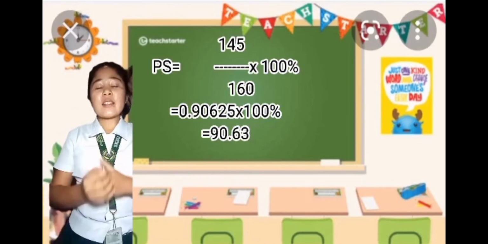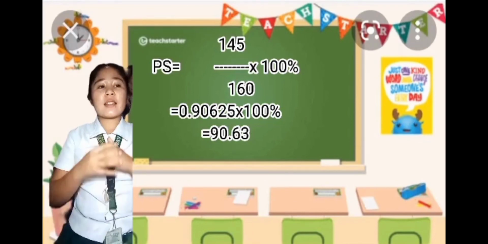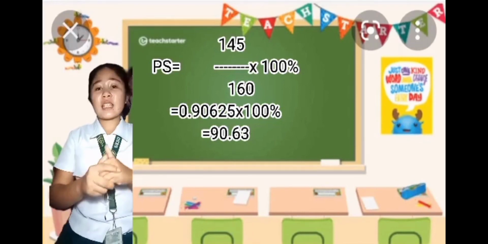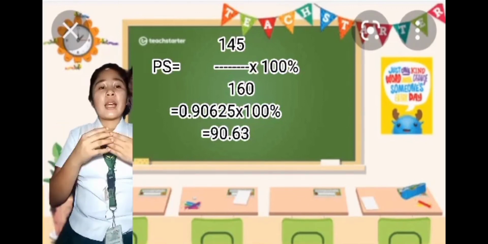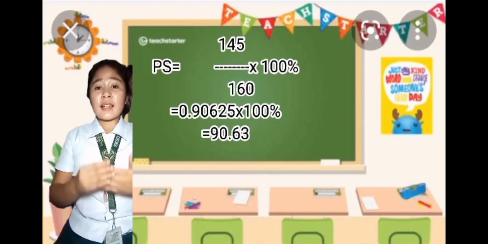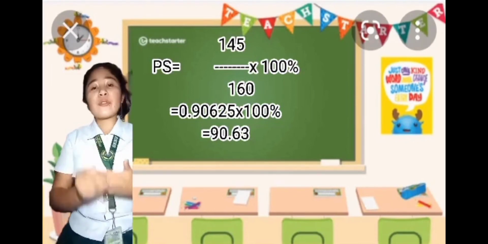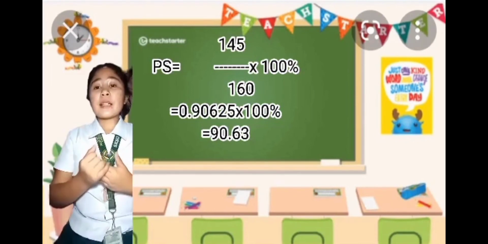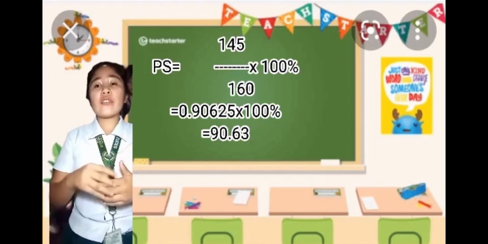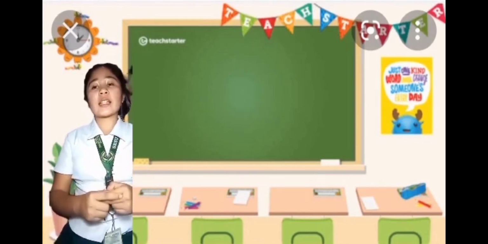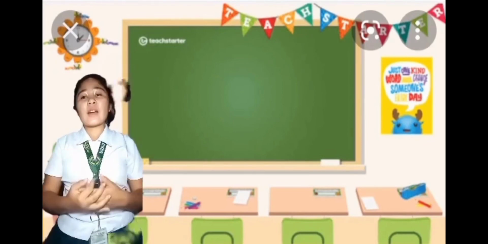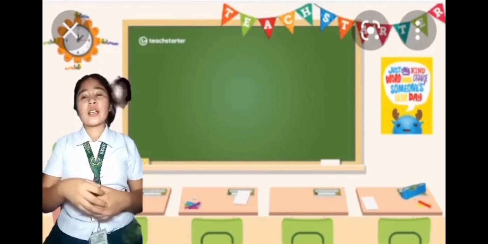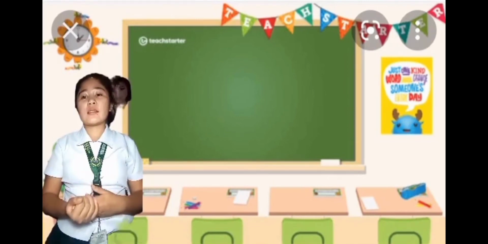The answer is 0.90625 times 100. Let's multiply the two. The product is 90.63. Therefore, the percentage score of the learner in written work is 90.63. And for the performance task, we do the same using the formula.